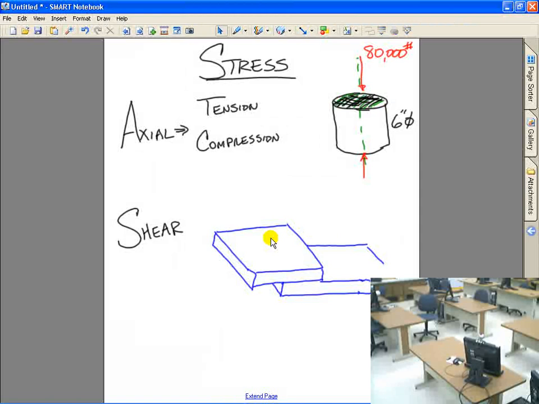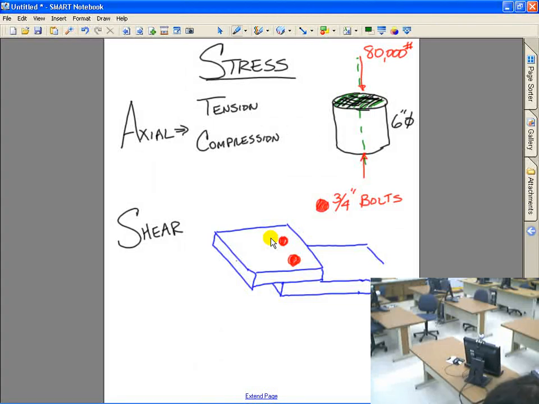And we have two bolts holding that plate together. We'll say they're 3/4 inch bolts.